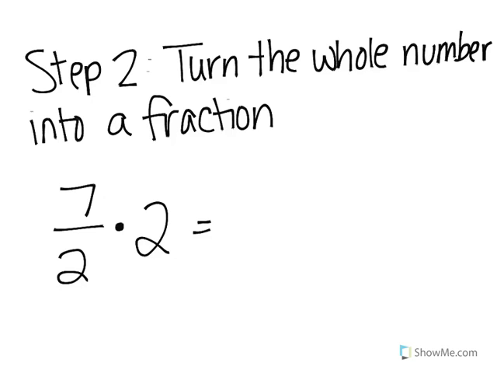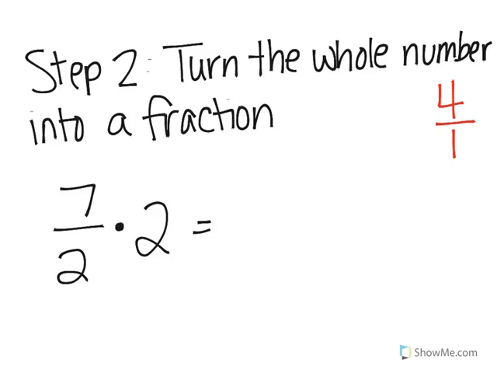Step 2, turn the whole number into a fraction. How do we turn the whole number 2 into a fraction? We had a lot of debate about that in class, and we tried out a lot of things. And remember, we discovered that any whole number like 4 over 1 is still meaning 4 wholes, because this 4 over 1 is an improper fraction.